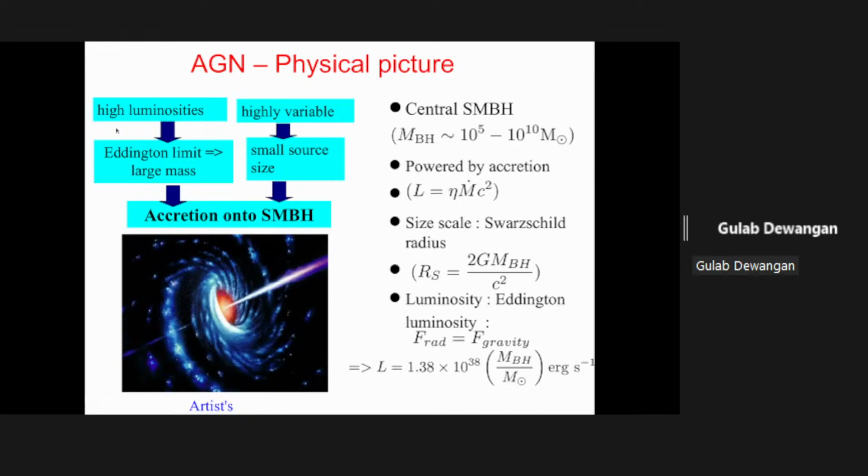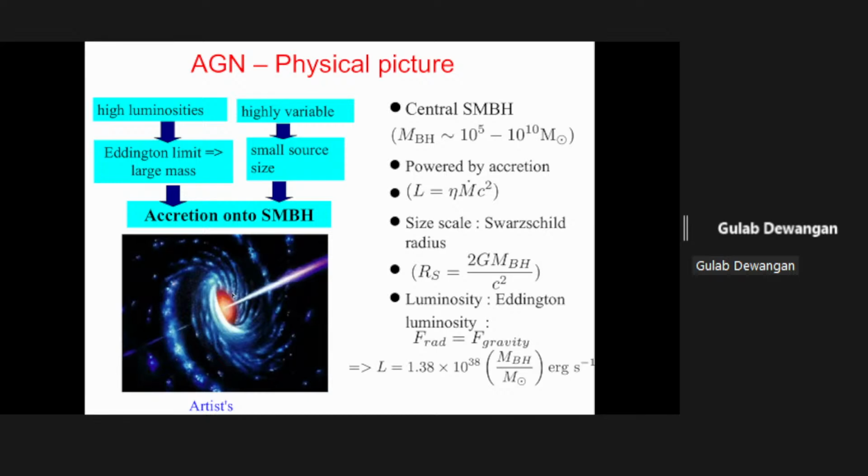If we use the Eddington limit arguments, the large luminosity essentially leads to a large mass, which must be confined into a very small region, which we inferred from rapid time variability. So this tells us that AGNs are compact objects, the mass is huge and the size is small, and that's why they must be supermassive black holes.